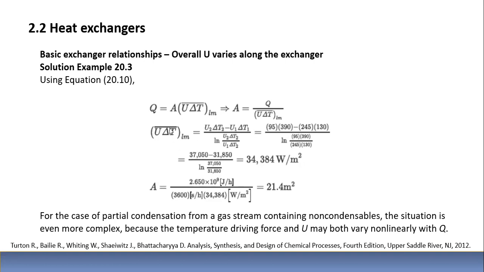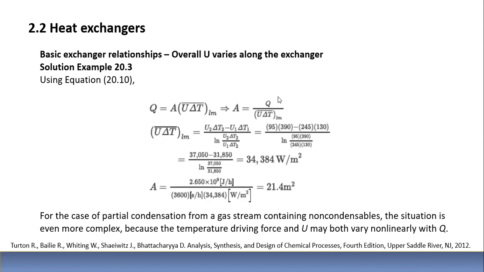So the result of this product, since U is in watt per square meter Kelvin in SI units, we multiply times Kelvin in SI units, and we'll have watt per square meter. That's what we see right there. So it's about 34,038 kilowatts per square meter.